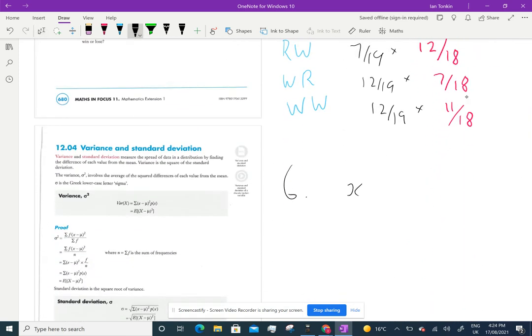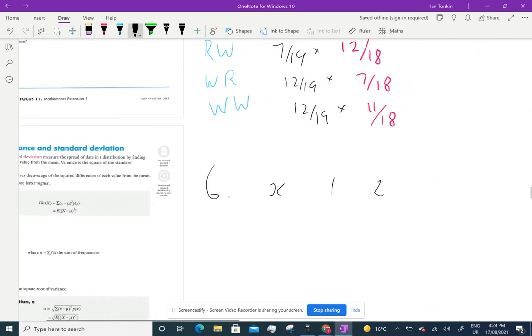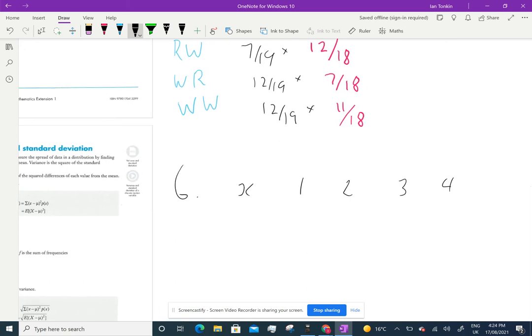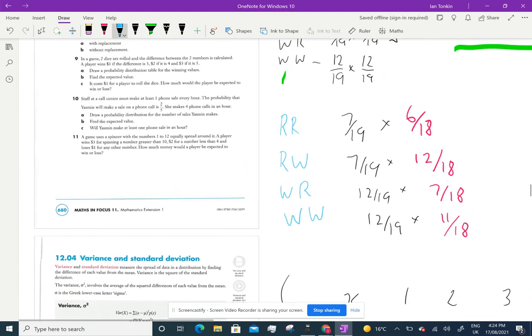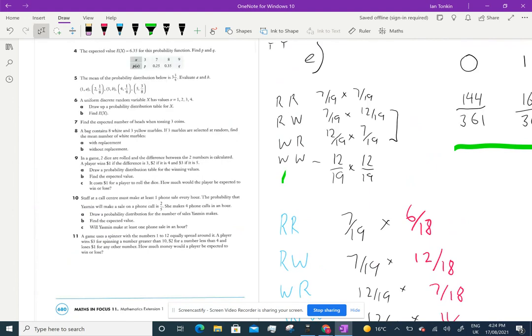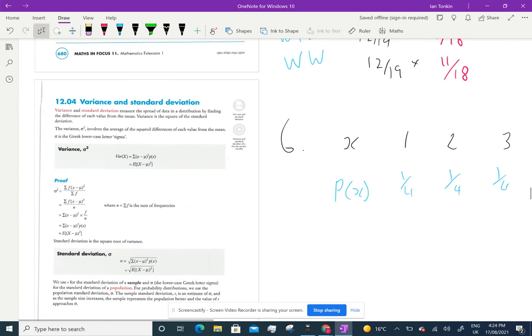So my X is 1, 2, 3 and 4, and they've all got to have the same probability. So P of X, 1 on 4, 1 on 4, 1 on 4, 1 on 4. They've all got the same probability. Then draw up the probability distribution, find E of X again.